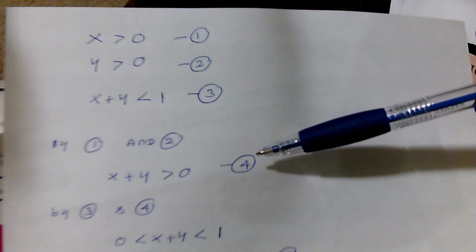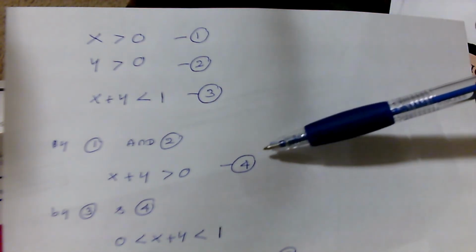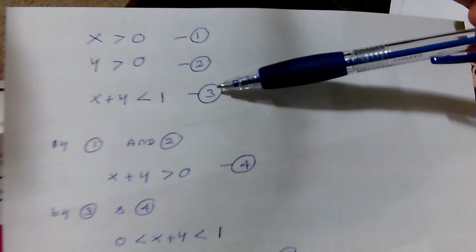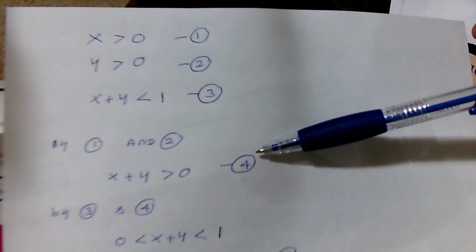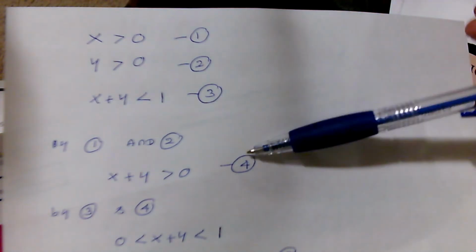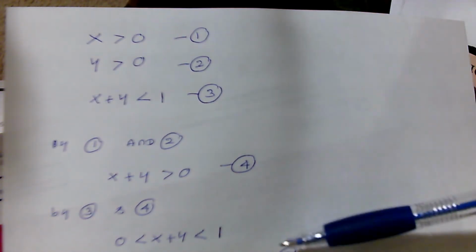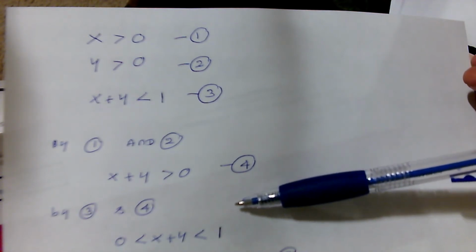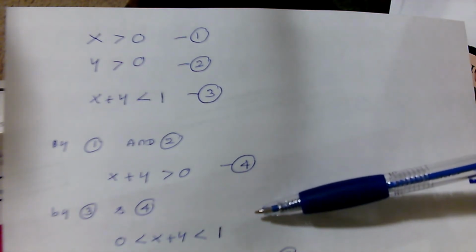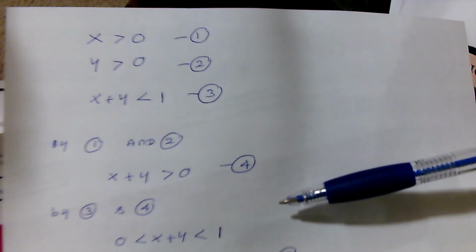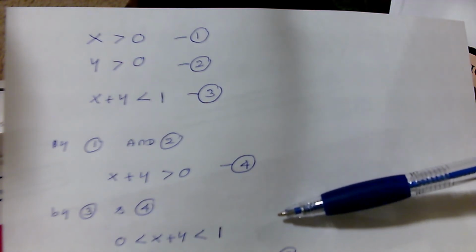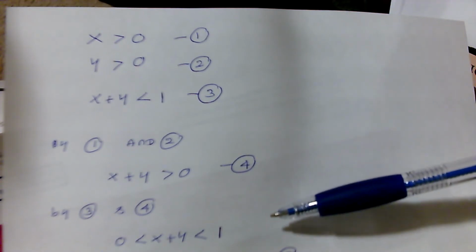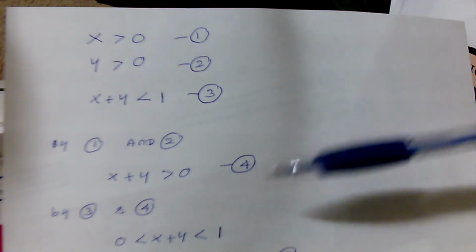Then you can combine equation 3 and 4 and write this one. So now you can see that x plus y is within 0 and 1.